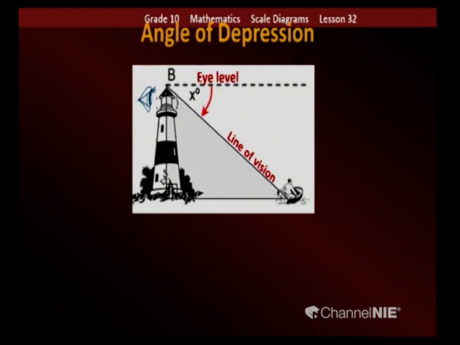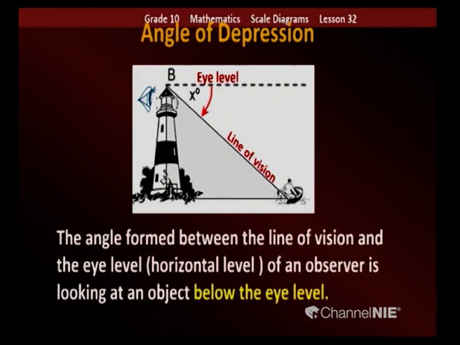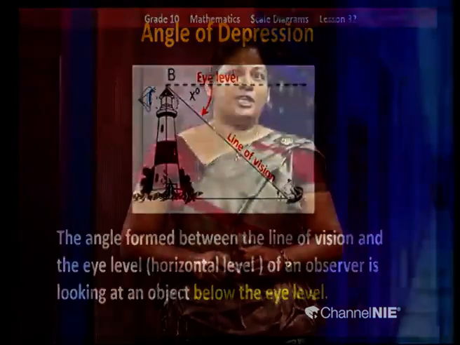There we say the angle of depression. When the line of vision is below the eye level, we say that is angle of depression. Okay, they are the two types of angles we are using in the vertical plane.